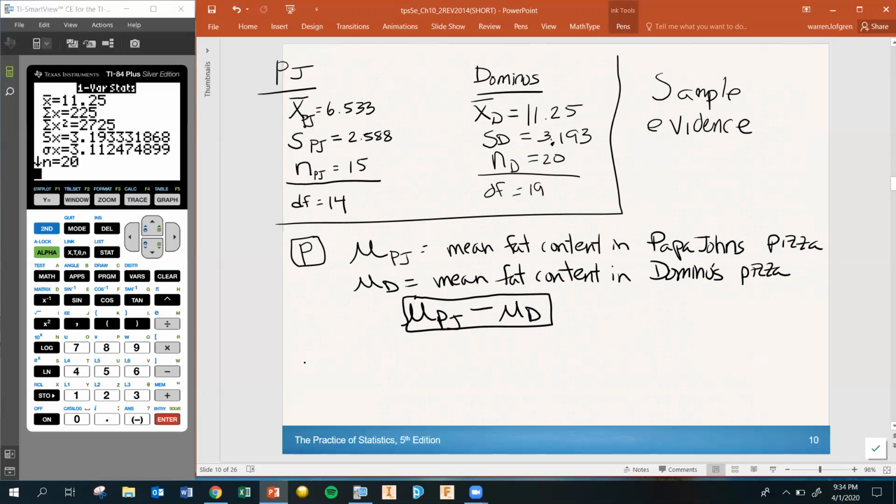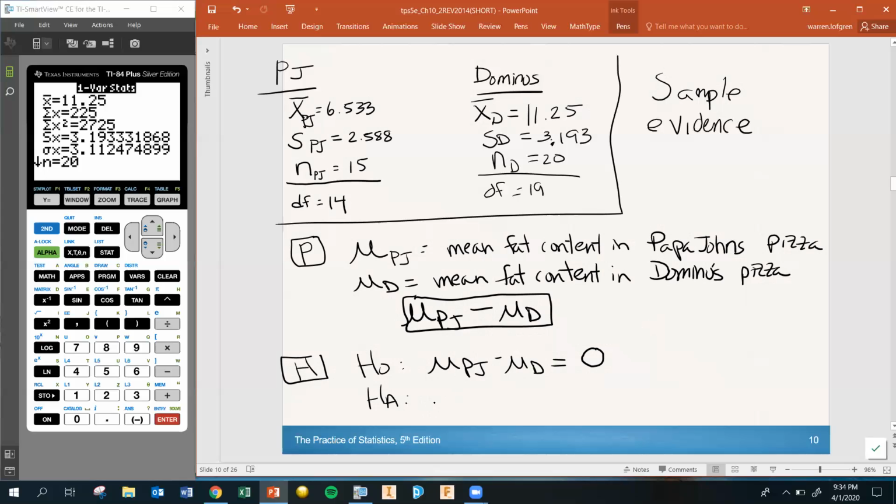So that's our parameters. Here come our hypotheses. The null hypothesis, remember when we look at the difference in these means, we are always going to say that there is no difference at all. We're going to make the assumption that Domino's and Papa John's have the same average fat content. The alternate hypothesis is based on the question, and they said, do we have evidence that there is a difference in the mean fat content?